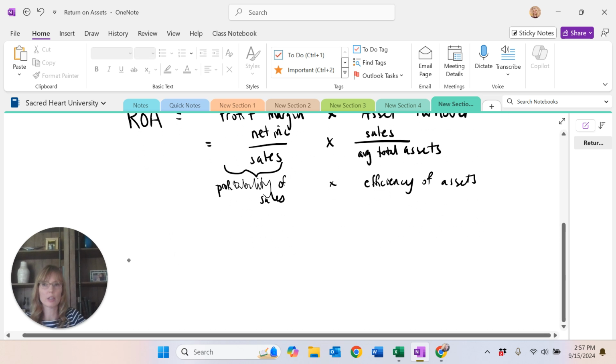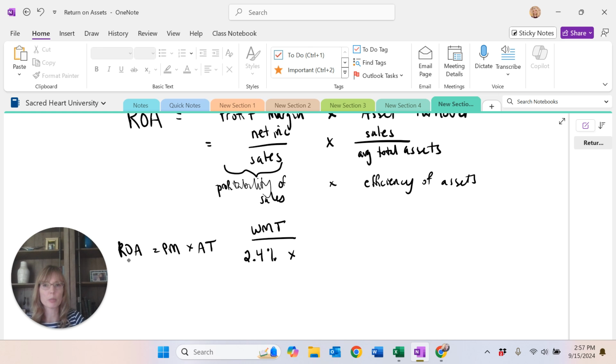All right, so let's look at these amounts for Walmart and Costco. Walmart's profit margin was 2.4%. Remember, the margins are percentages.